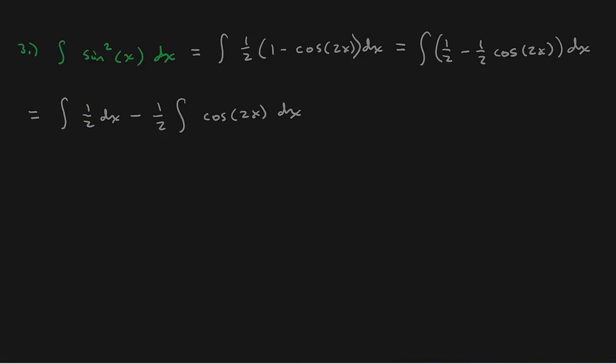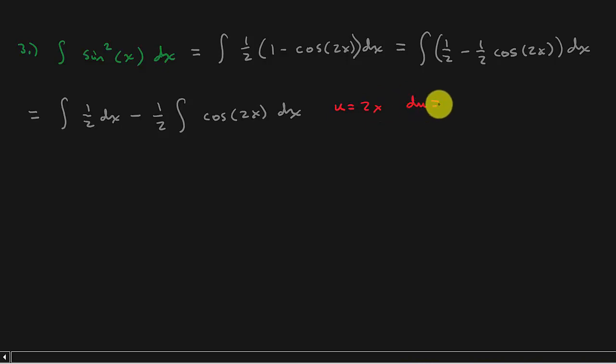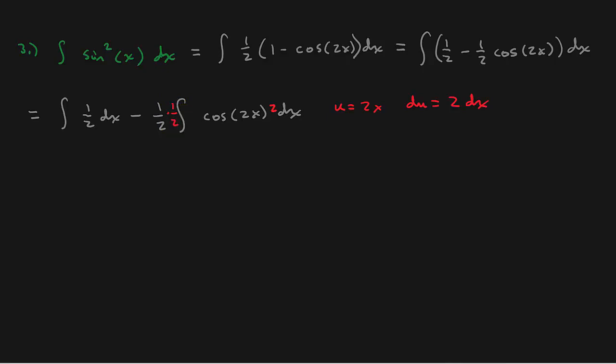So remember for this one, we've got the 2x here. So we're going to let u equal 2x, du is equal to 2 dx. So this 2x right here is going to get replaced with u. But then for du, I need a 2 dx. So I need to multiply this by 2, and if I multiply by 2, I've got to come out here and multiply by half.